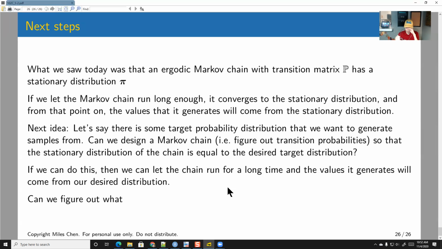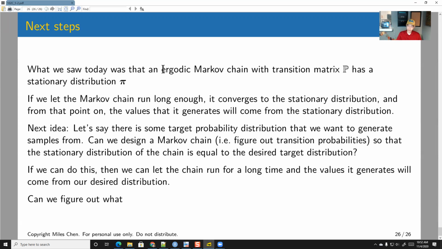And so the next idea that we want is, let's say there's some target probability distribution that we want to generate values from, right? So we want to be able to generate samples from some target distribution. And the question now is, can we design a Markov chain? That is, can we figure out what transition probabilities to use so that the stationary distribution of the Markov chain is going to equal the target distribution, right?